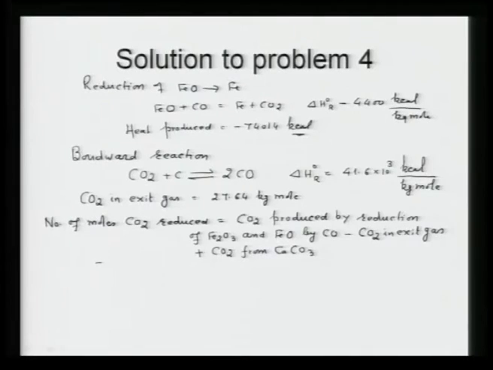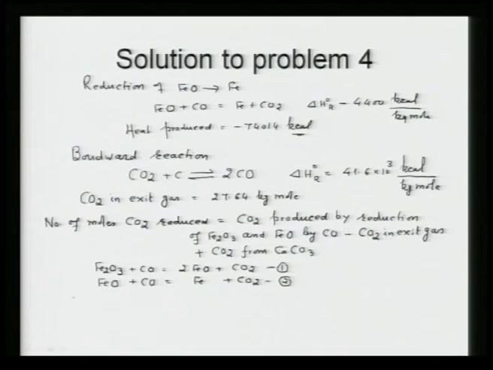Now, we have to calculate, say, the reaction Fe2O3 plus CO equals 2 FeO plus CO2, this is reaction 1, and FeO plus CO equals Fe plus CO2, this is our reaction number 2.